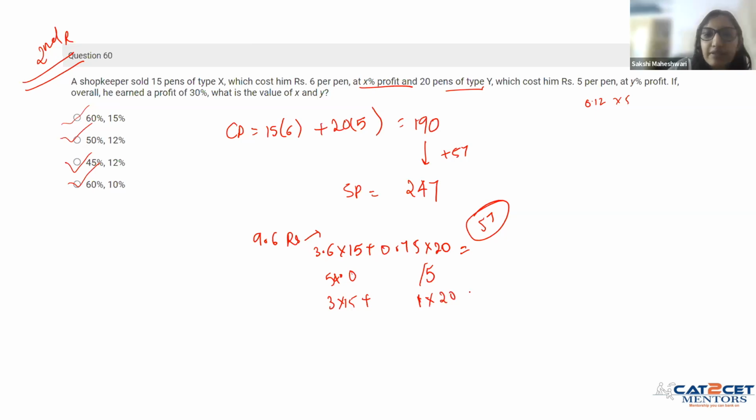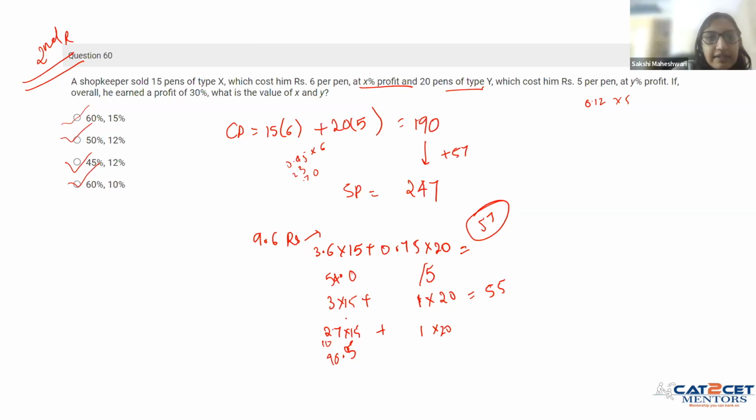So 45 and 20. This is 45. This is 1 into 20, and 45% is 0.45 of 6, so 2.7 into 15. So this is 40.5. Okay, so this is not it, obviously.